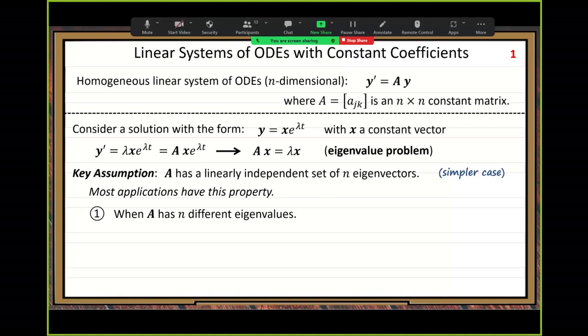Case number two: A is a symmetric matrix. You know symmetric matrix, right?